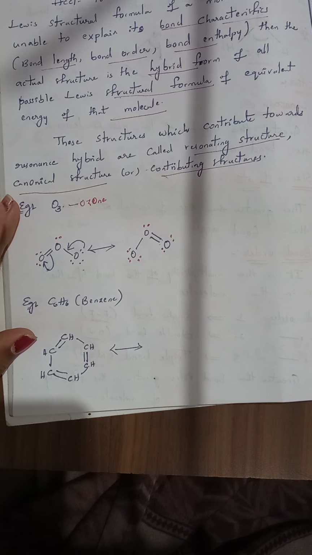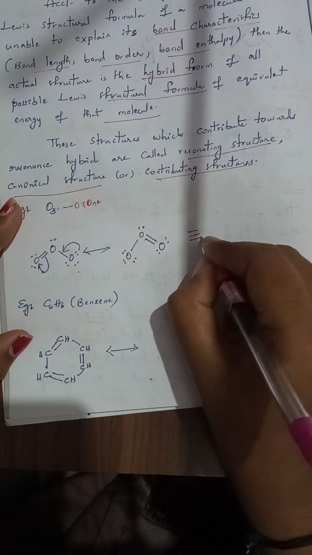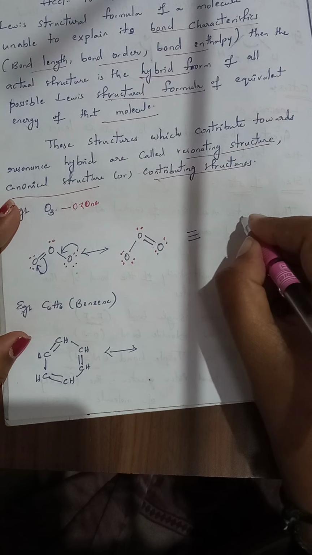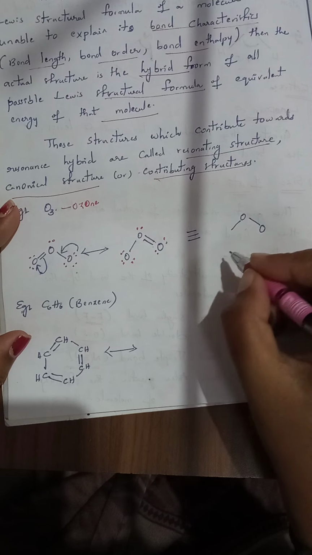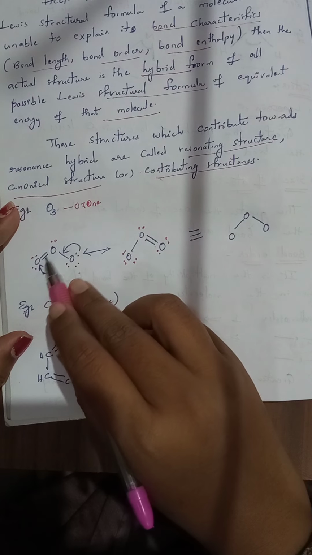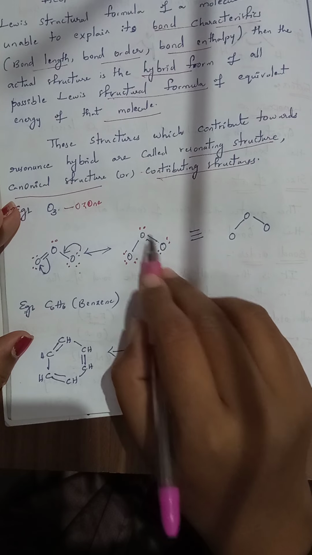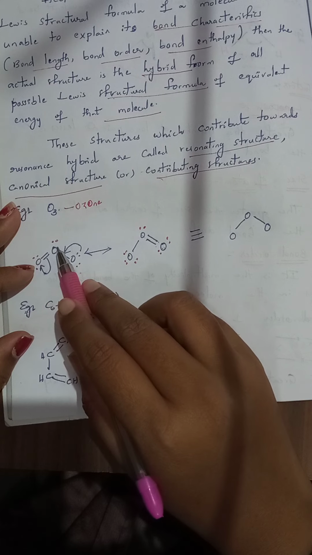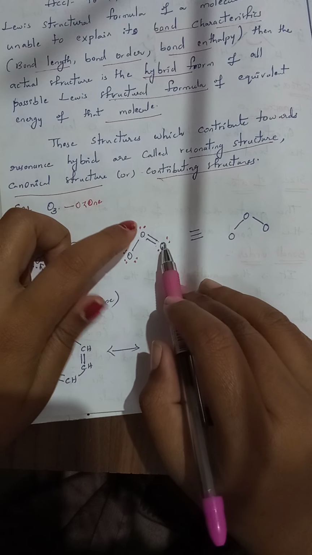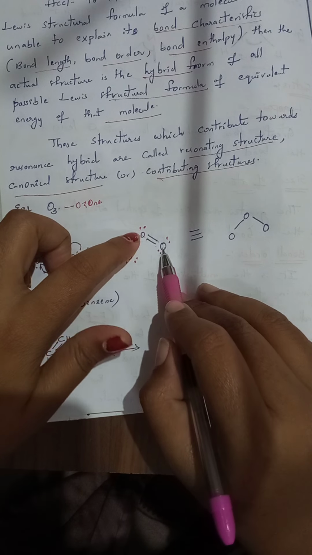Understand? Now for this we can write a hybrid. In this hybrid, all 3 oxygens are connected with a single bond. With this, the double bond moves between either the first 2 oxygens or the next 2 oxygens. In one structure the double bond exists between the first 2 oxygens, and in another structure the double bond exists between the next two oxygens.